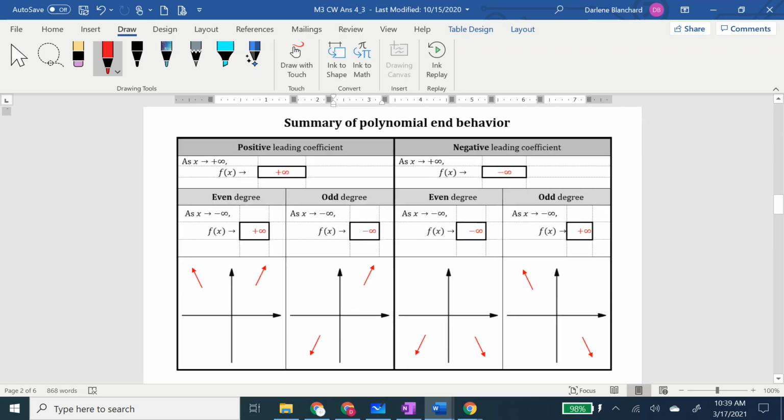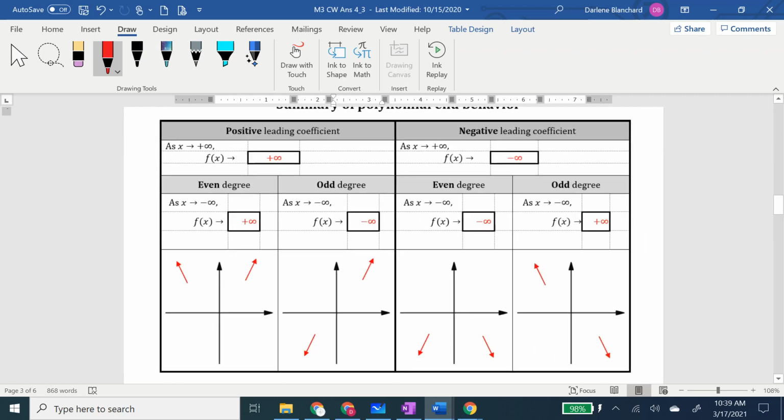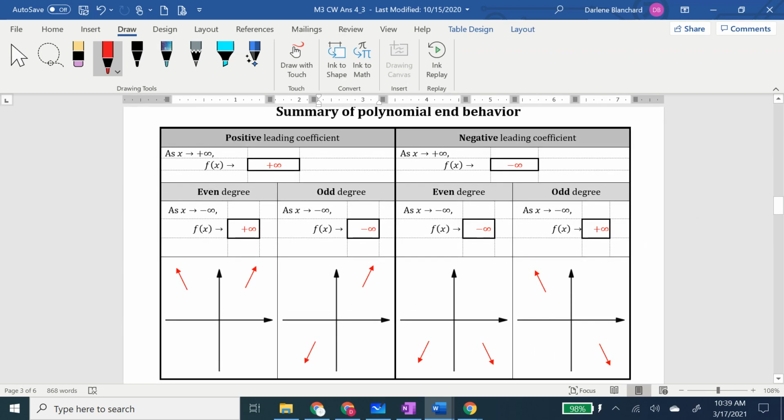End behavior is a very important issue that's going to be even bigger of an issue in the next unit. So, I want to say again, I first look at, is the leading coefficient positive or negative?